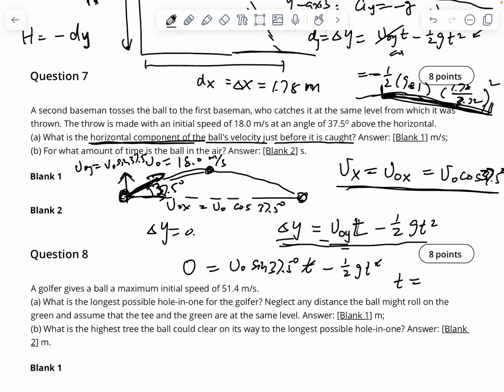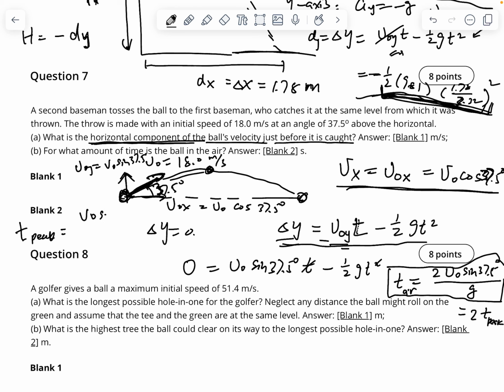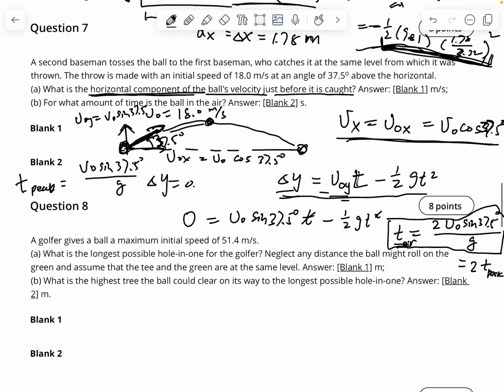So we can figure out t equals 2 v naught sine 37.5 degrees divided by g. This is your in-air time, which also equals 2 t peak. So the peak time t peak equals v naught sine 37.5 degrees divided by g. So that's the answer for in-air time. Just plug everything in.